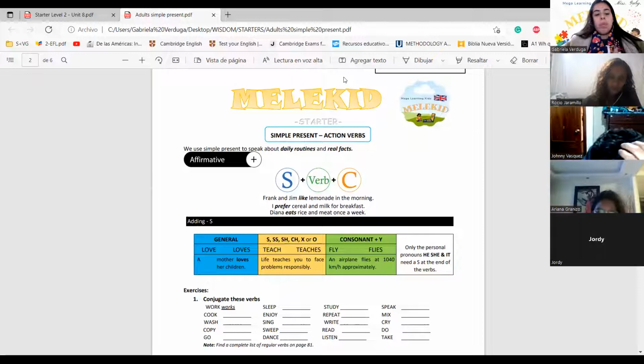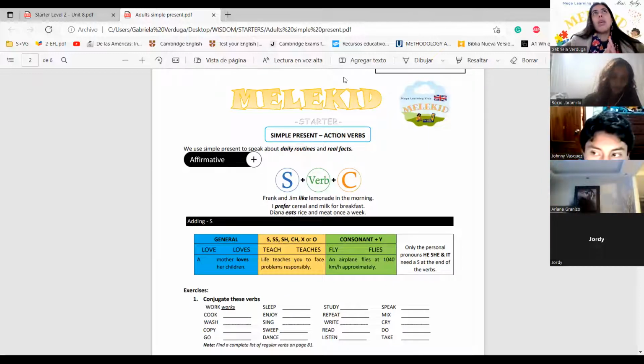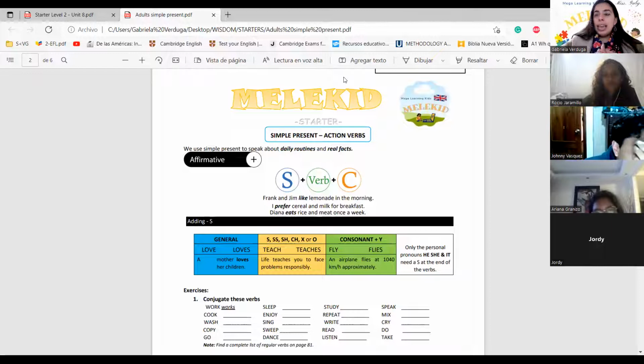Modal verbs son como el verbo can, como el verbo to be, que tienen su propia forma gramatical, ¿no? Y que se mandan solos. Los action verbs es la acción que alguien hace, pero hay verbos que no son de acción. Por ejemplo, el verbo like is not an action verb. Gusta. O sea, a mí me gusta algo, pero no es una acción que yo haga.